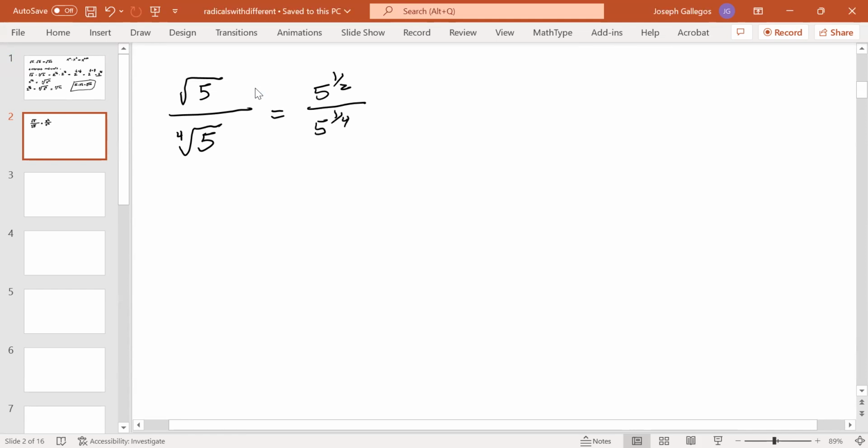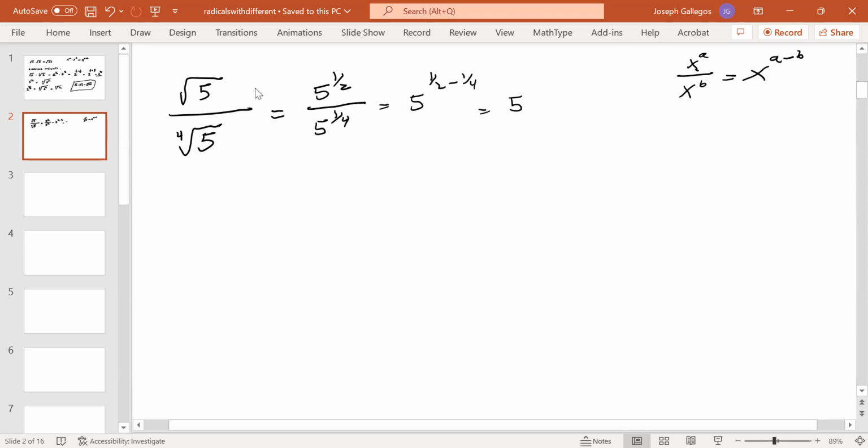And now a property of exponents that we will be able to apply says that if I have x to the a divided by x to the b, this is equal to x to the a minus b. So if they have the same base, we can subtract their exponents. And so we would end up with 5 to the 1/2 minus 1/4. And a common denominator puts that as a 4.